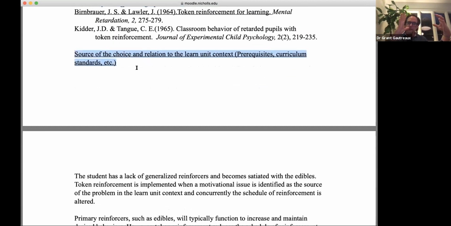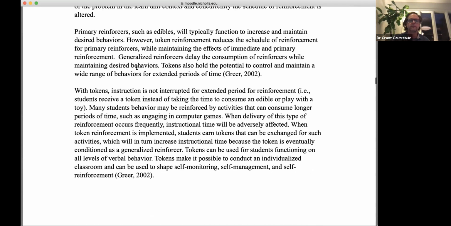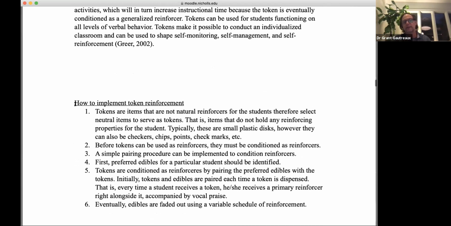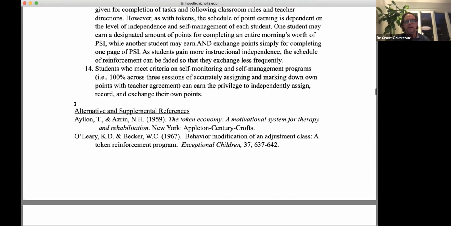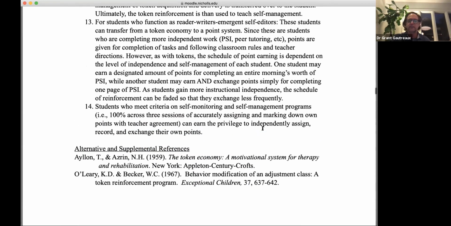What is the problem in the context of the Learn unit? How to implement token reinforcement. And then secondary resources. A lot of times our secondary resources are books and our primary resources are articles. That's another way to discriminate.